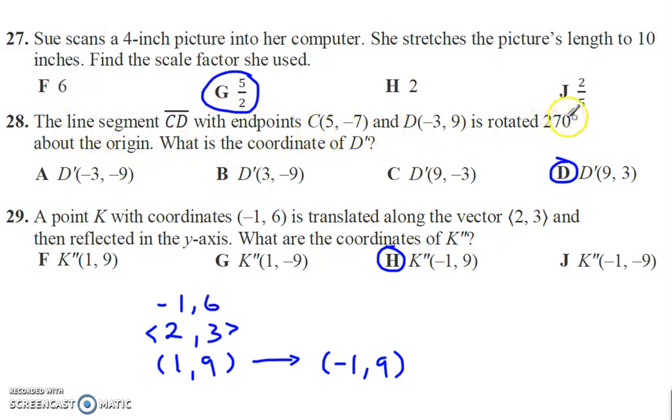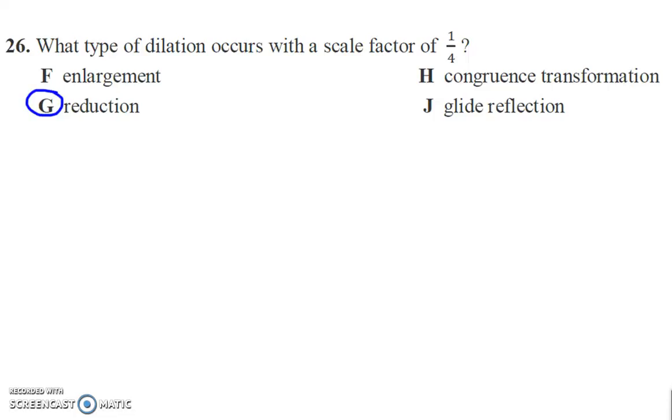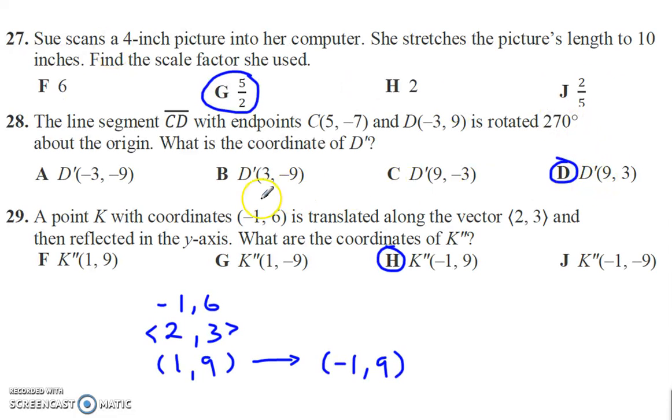With the endpoints rotated 270, refer to this chart that I just showed you here. Okay, and then 29. Okay, so we start with this, add the 2 and 3, and then we have to reflect across the y-axis.